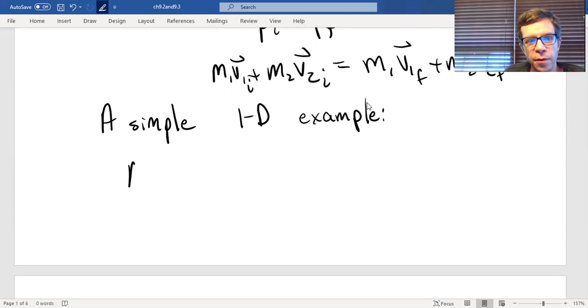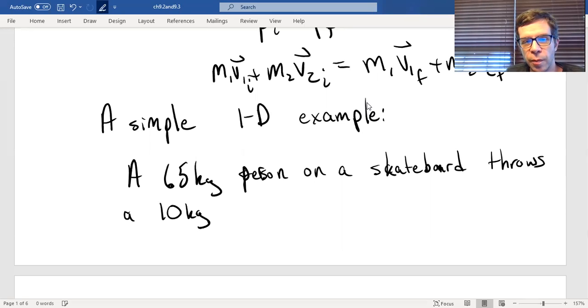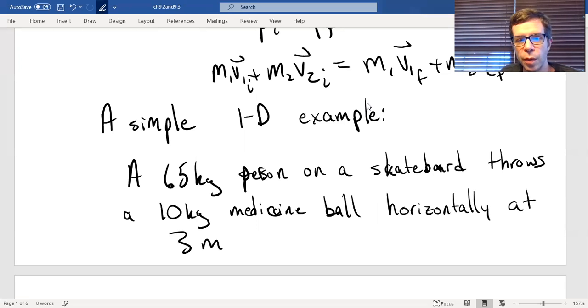So let's imagine that we have a 65 kilogram person on a skateboard throws a 10 kilogram medicine ball horizontally at 3 meters per second.